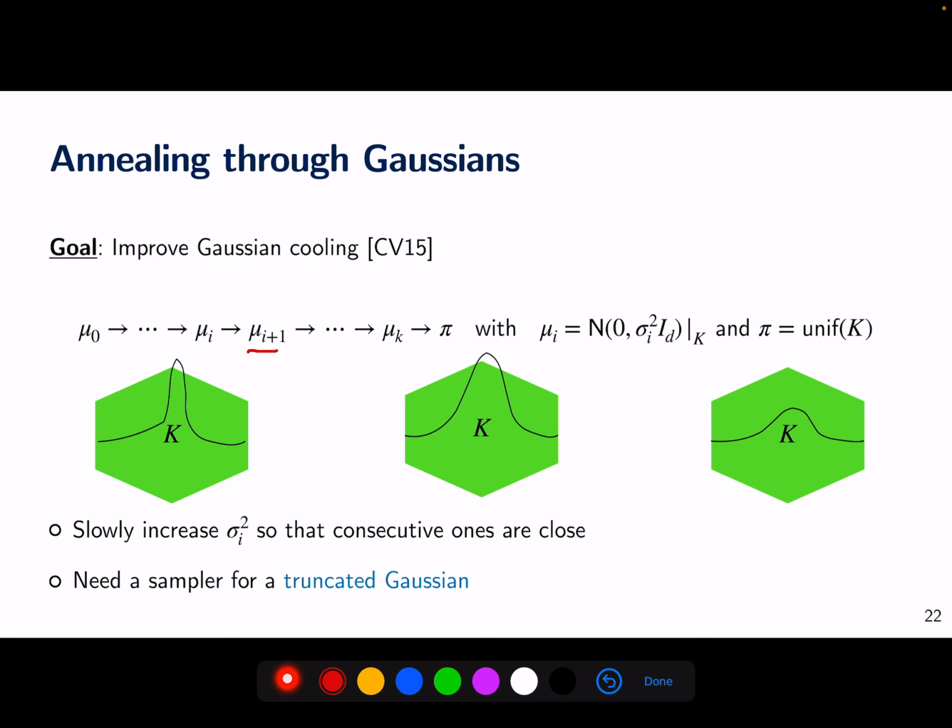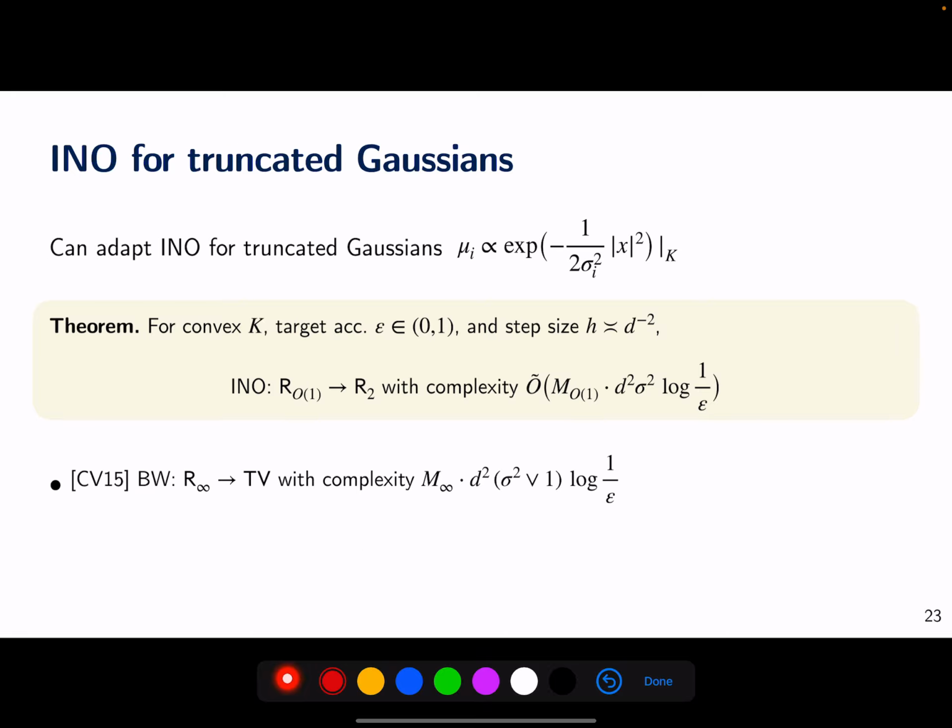Each annealing distribution mu_i now looks like a Gaussian distribution truncated to the convex set K. Along the way, you want to increase sigma_i squared as much as possible, but also slowly enough so that any two neighboring distributions are close. Also, in order to move across this annealing sequence, you need a sampler for a truncated Gaussian distribution.